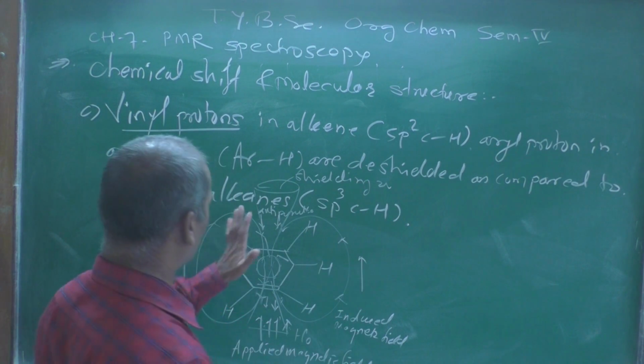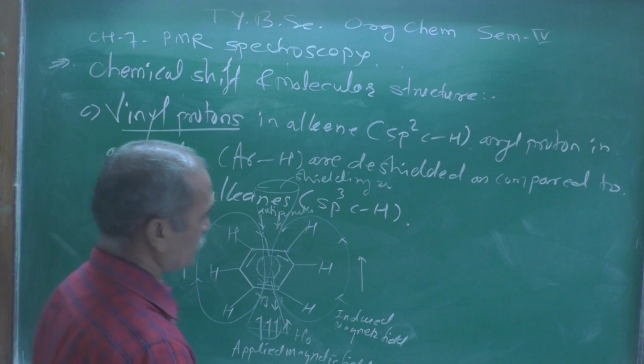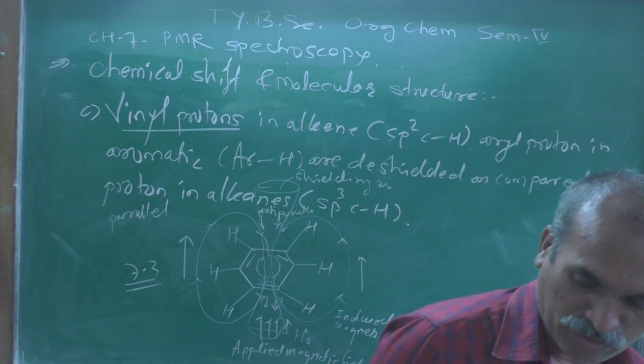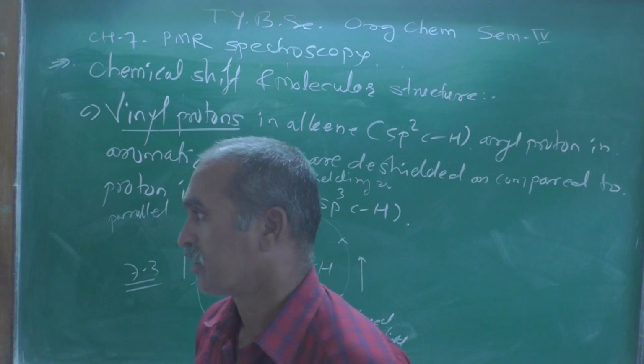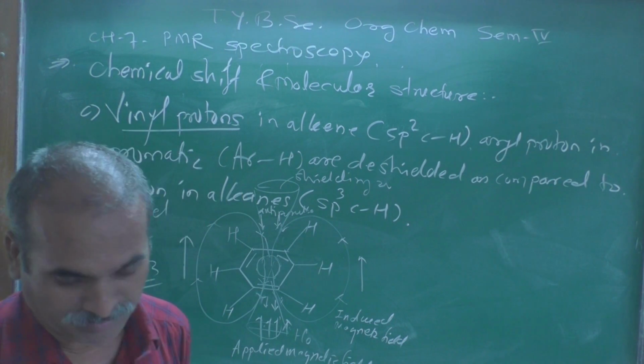In the shielding zone no proton is found, but in the deshielding zone these protons fall, and therefore aromatic compounds are deshielded, and the value is found to be 7.